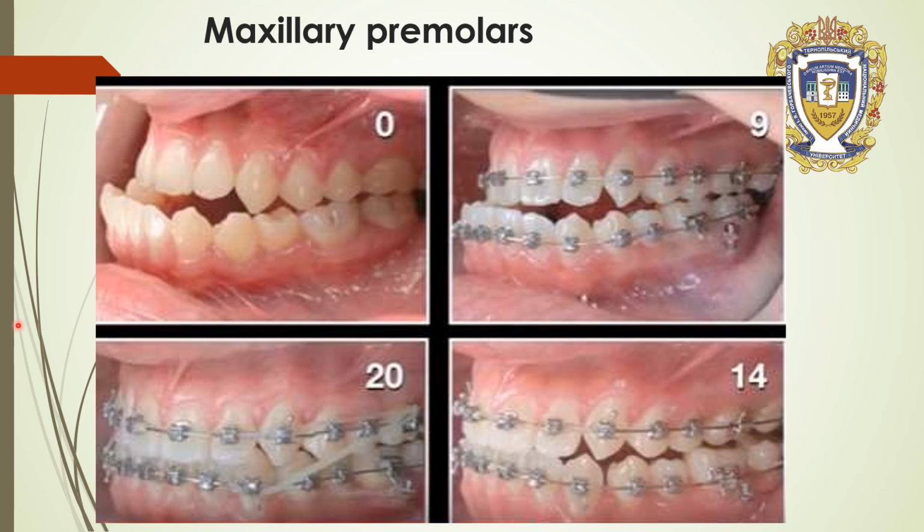And we can observe the initial situation, full third class, mesial shifting of the lower dental row by one premolar. It is not half third class, it is full third class.